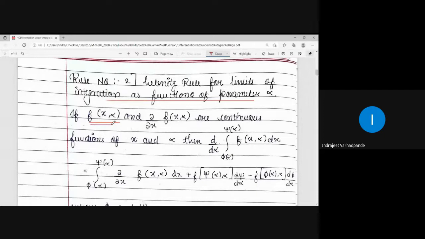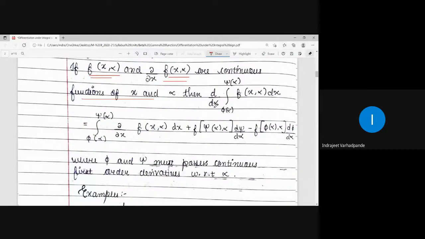If f of x comma alpha and ∂/∂α of f of x comma alpha are continuous functions of x and alpha, then d by d alpha of the integral from phi of alpha to psi of alpha of f of x comma alpha dx is the integral of the derivative taken appropriately for the given function, plus, in the function, for the upper limit you put psi of alpha in place of x, f of psi of alpha comma alpha into d psi by d alpha, minus for the lower limit in place of x, phi of alpha comma alpha into d phi by d alpha.